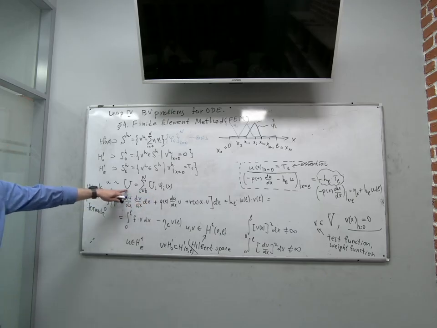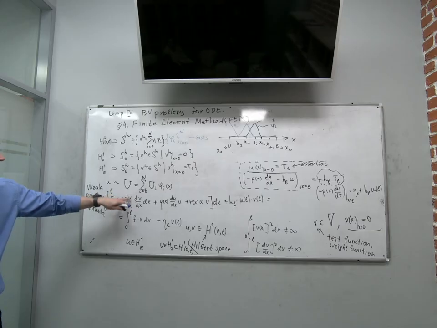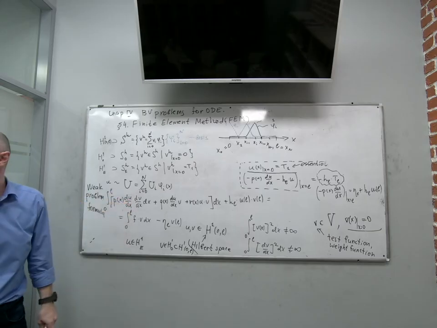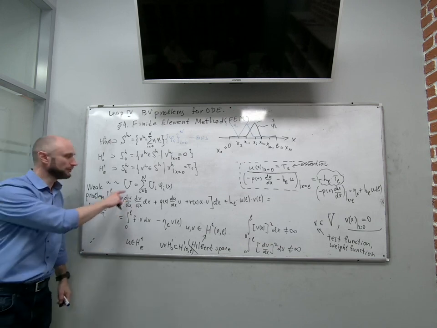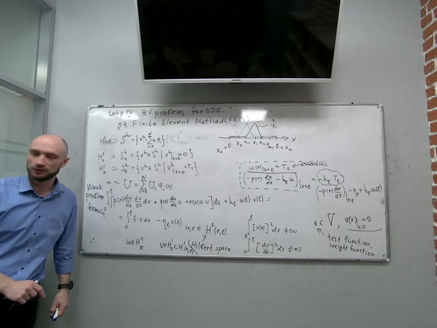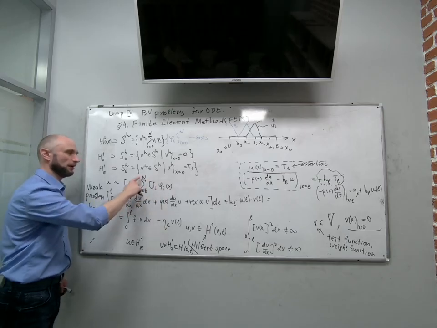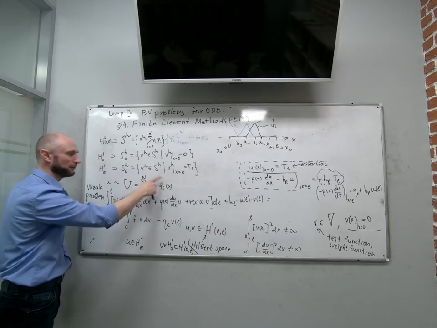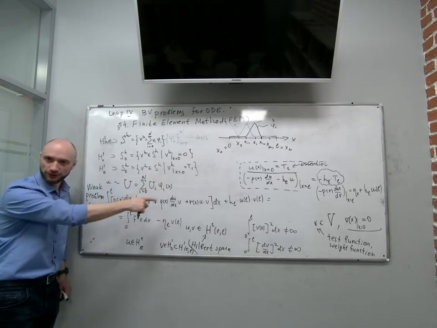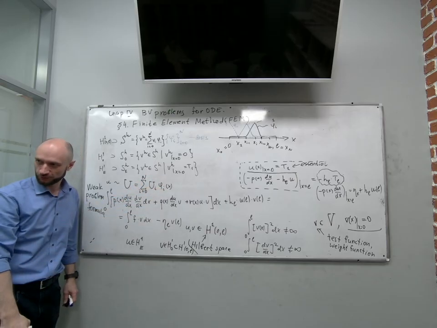We should substitute this form, in which we are searching for our solution, into the integral equation. Replace this u with this u capital, or more exactly with this sum everywhere. Follow?